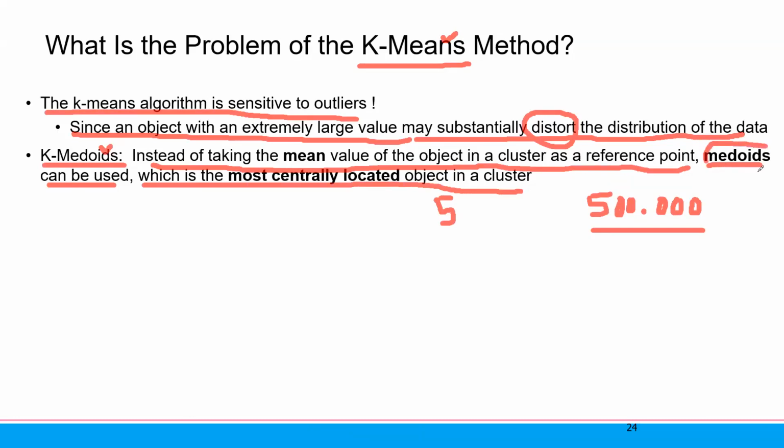A Medoid is an actual object, so we use the object instead of the central point or the centroid.